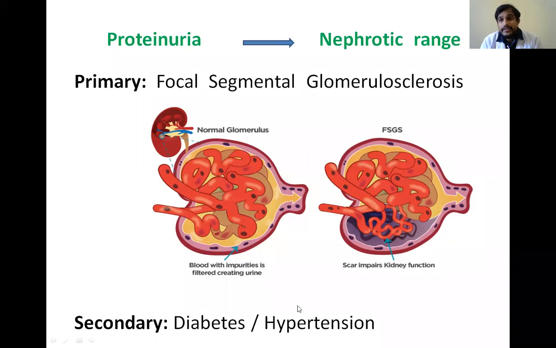And in the secondary causes, like diabetes and hypertension, it will give a secondary effect to the renal damage of the glomerulus, nephropathy. So in that case also there is damage to the kidney and the glomerulus, and the filtration will be affected. Finally, the filtration will be affected, which leads to proteinuria, nephrotic range of proteinuria.